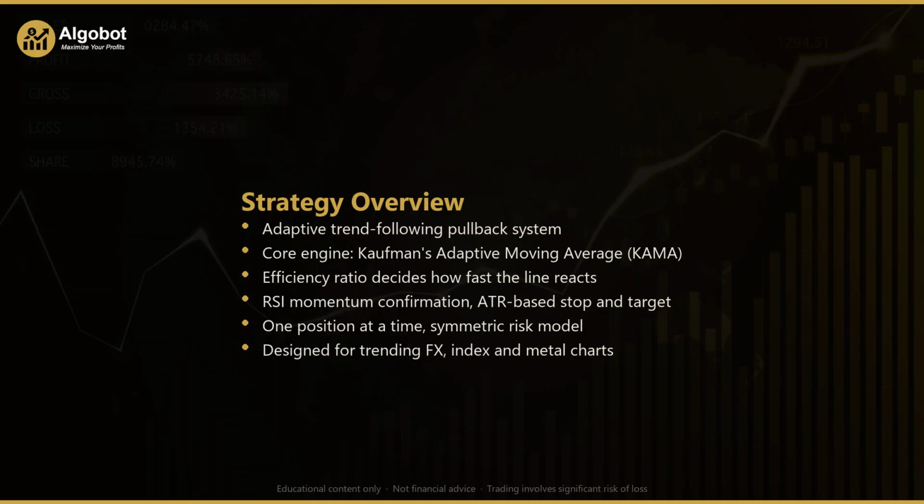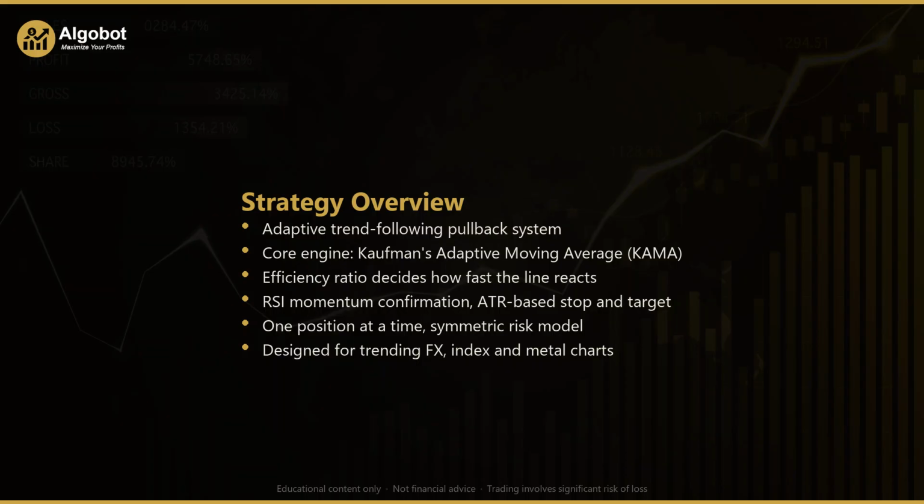When price marches cleanly in one direction, the efficiency ratio moves toward 1, and the average reacts quickly to ride the trend. When price is just chopping sideways and going nowhere, the efficiency ratio falls toward 0, and the average slows right down and flattens out. That single behavior is powerful because it naturally quietens the strategy in the ranging conditions where trend pullback systems tend to produce their weakest signals.